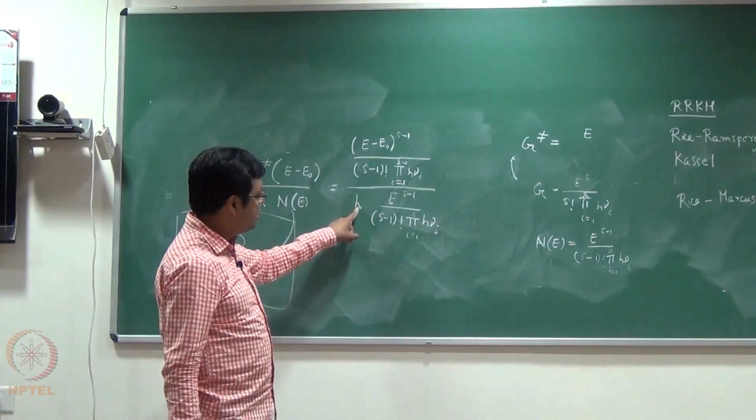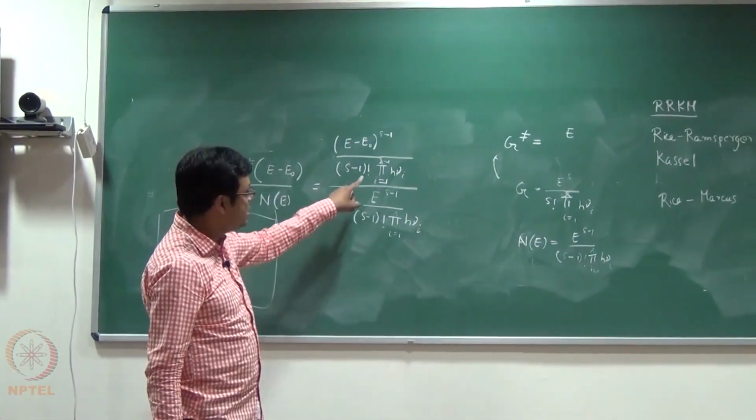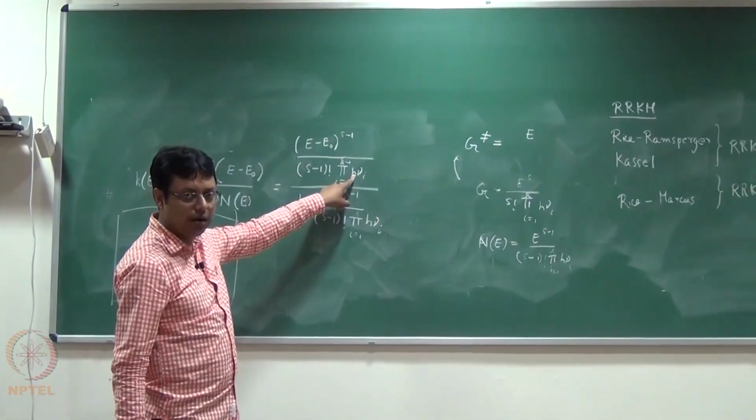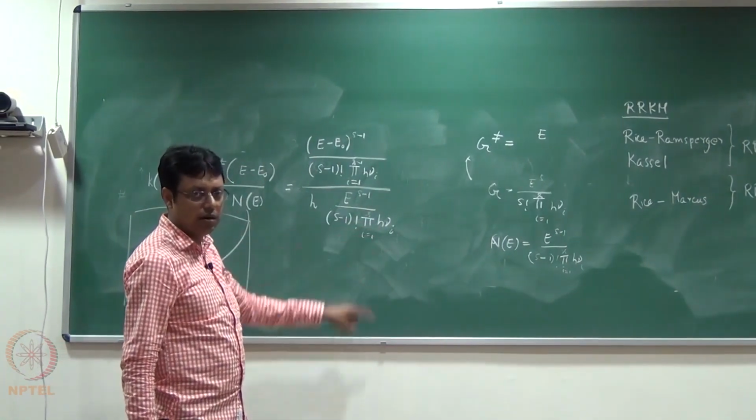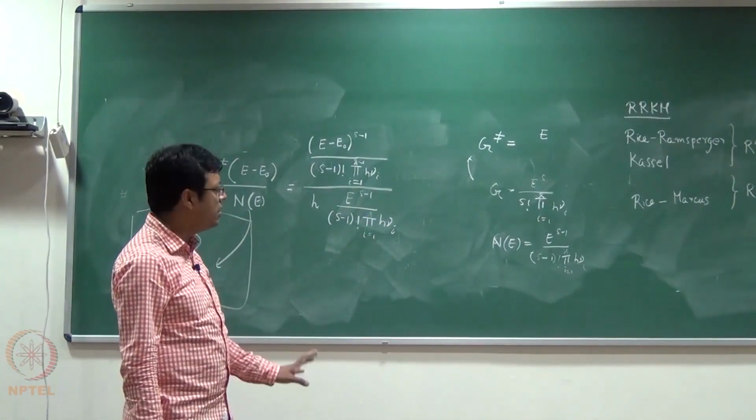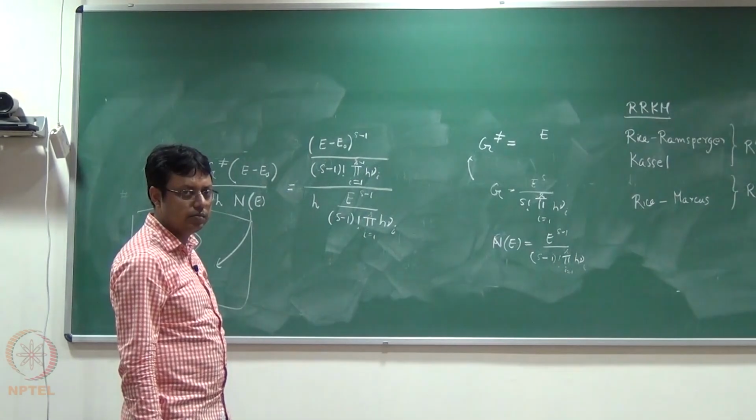Now you can see there is an h here. This h and this h can be multiplied, and then I'll have the same dimensionality for h in the denominator and numerator, so I'll get rid of the h right away.